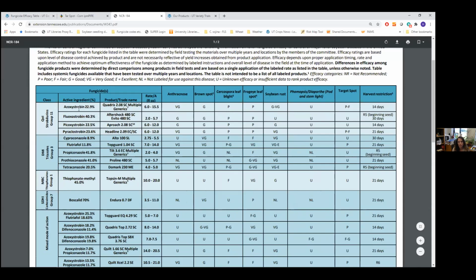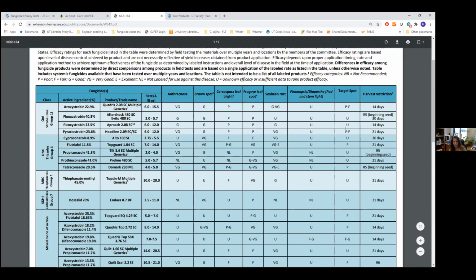And so again, here you'll see the strobilurins, or the group 11s, so it would have a fungicide group 11 on the label, are all rated poor when it comes to frog eye as well as Cercospora leaf blight. This has been well documented that QOI resistance is pretty widespread across these two pathogens.